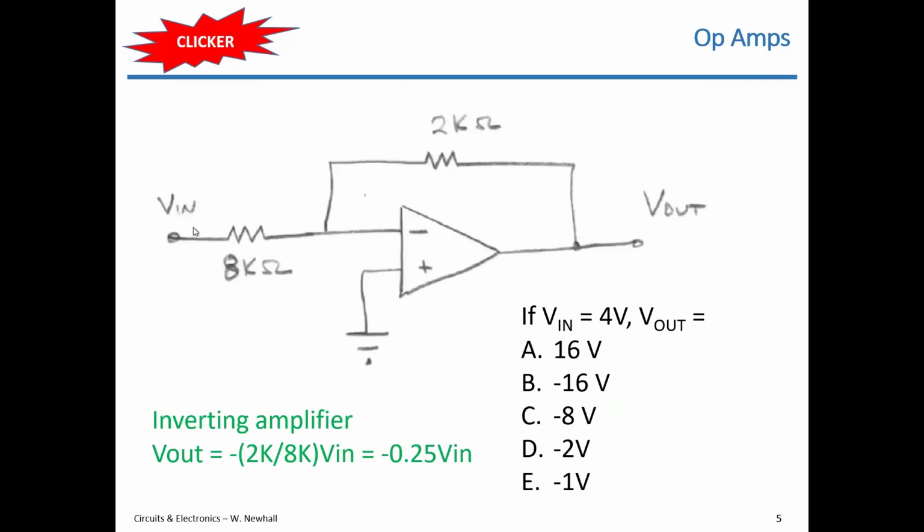You could start writing KVL, KCL equations. I'd recommend a KCL equation at the inverting input. That's what we did in class. And you can figure out the gain of the amplifier, or given a V in voltage, what's the V out voltage? Okay, so you can use that negative feedback approach even for the common circuits. It's just faster if you recognize the circuit.